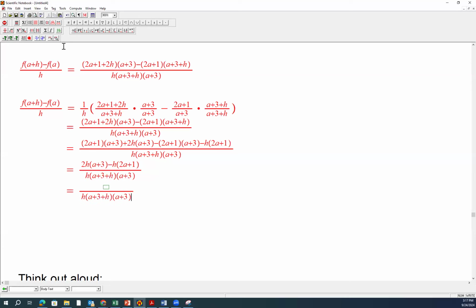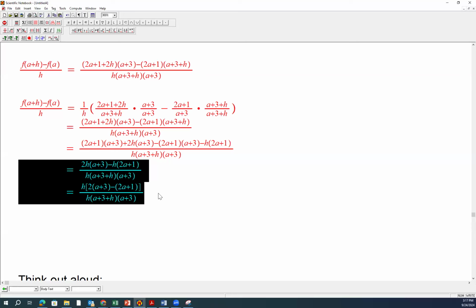In the numerator, I can factor out an h. Inside, this is going to be 2 times a plus 3, subtracting 2a plus 1.